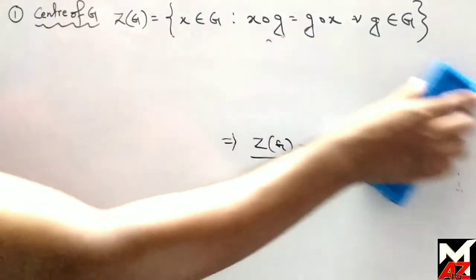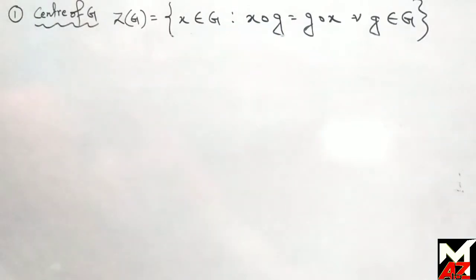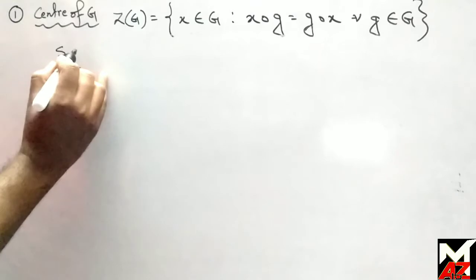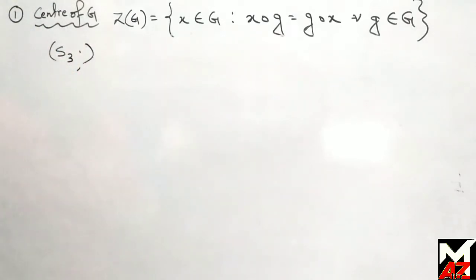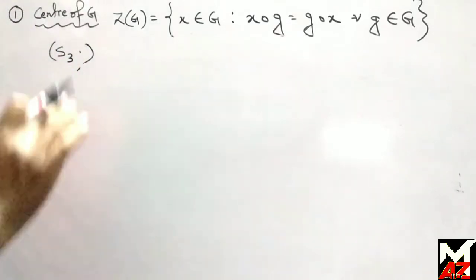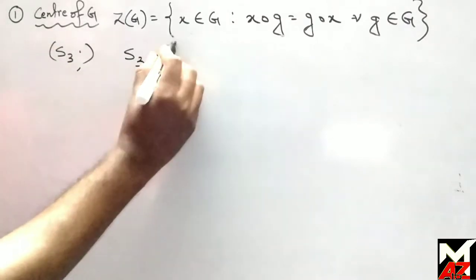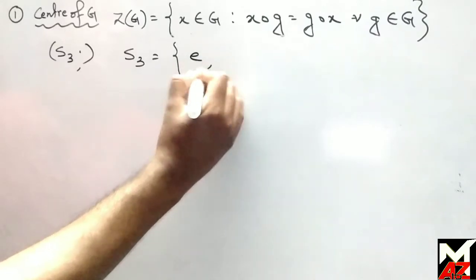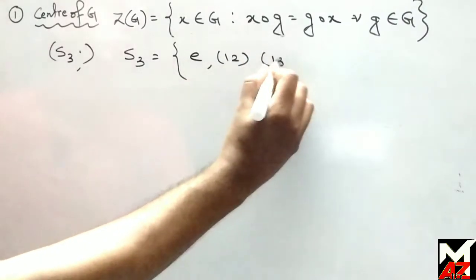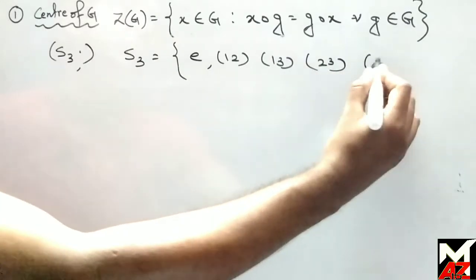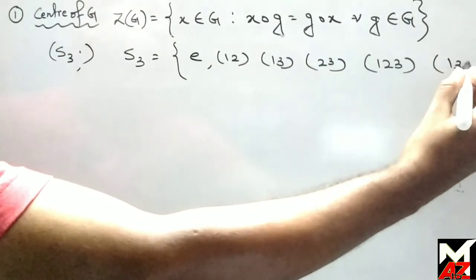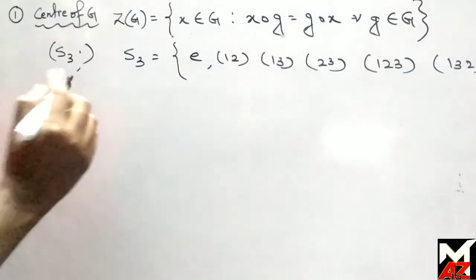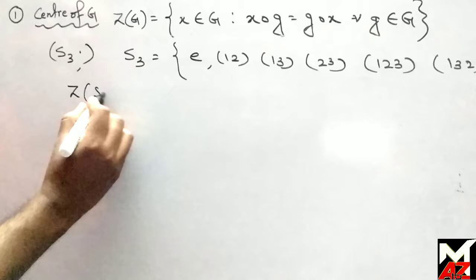We consider here a group S3, that is the permutation of 3 symbols, and we know that this group contains e, (12), (13), (23), (123), (132), and we try to find Z of S3.